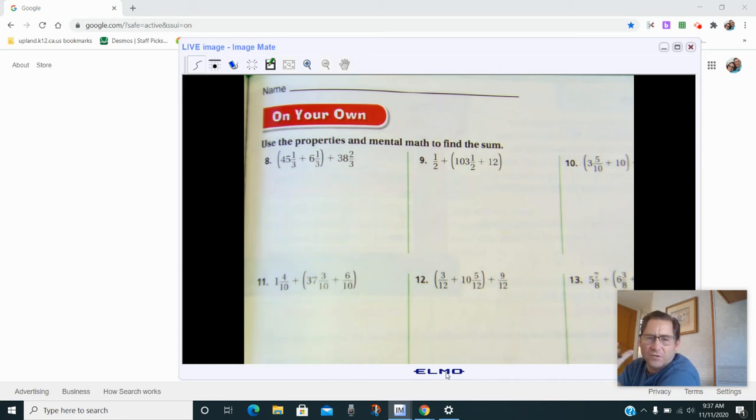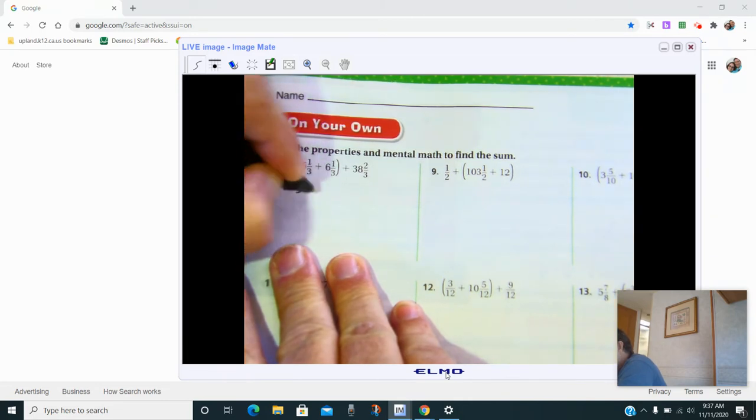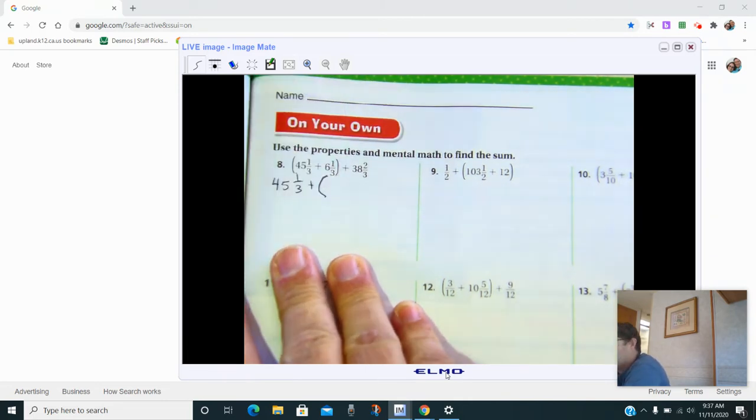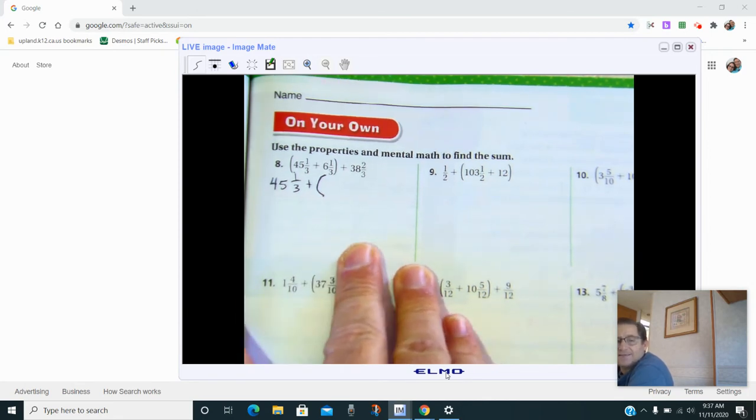Because the 1/3 is next to 2/3. So let's just change the grouping. So instead of the 45 and 1/3 grouped with 6 and 1/3, let's group the 6 and 1/3 with 38 and 2/3.